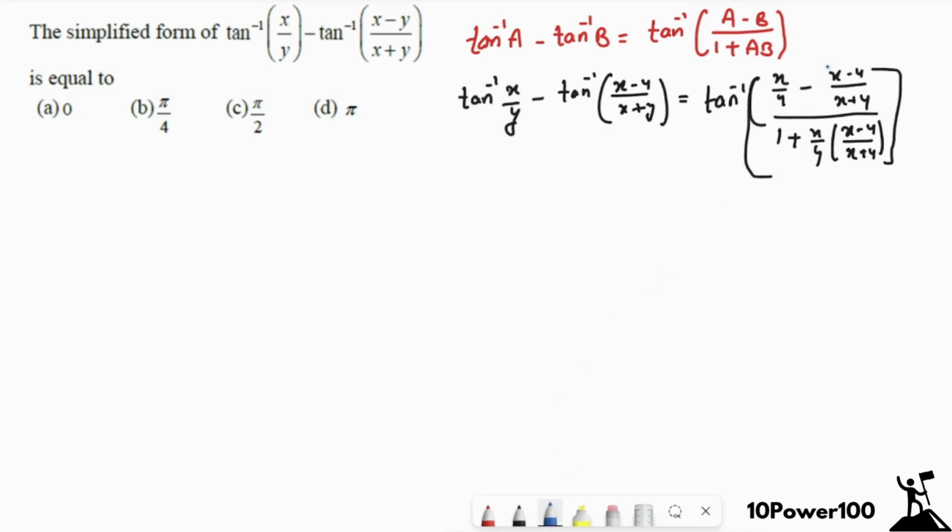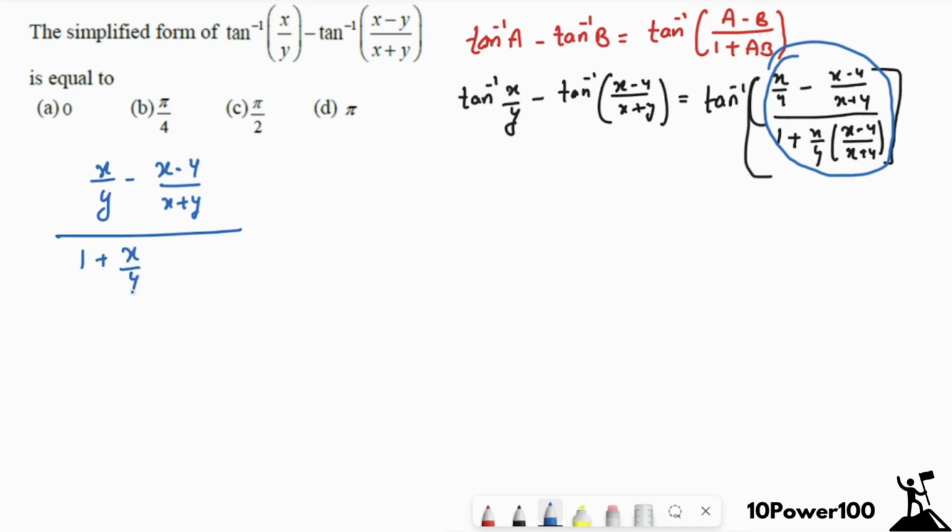Okay, now I'm going to consider only the term which is there inside. So if I rewrite that, x by y minus x minus y by x plus y whole divided by 1 plus x by y of x minus y by x plus y.